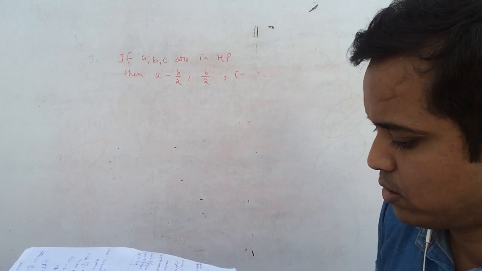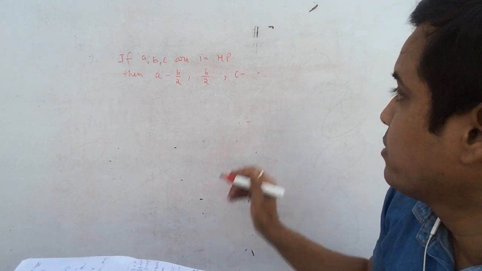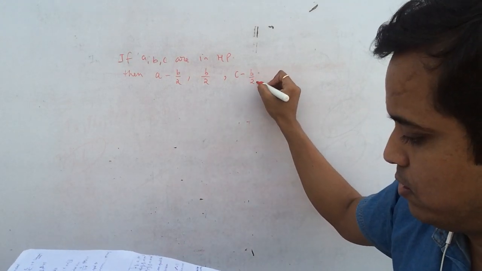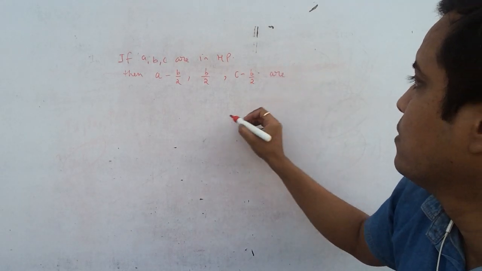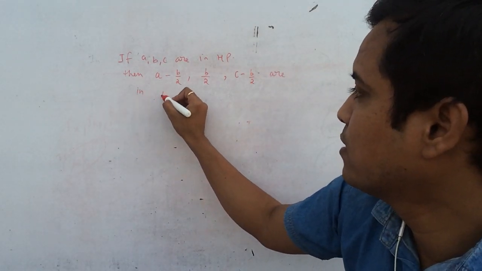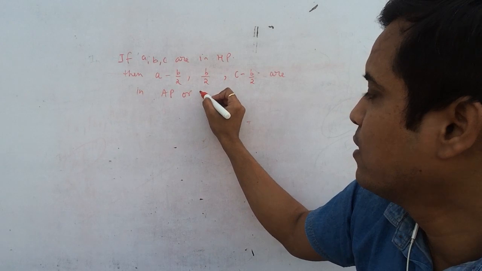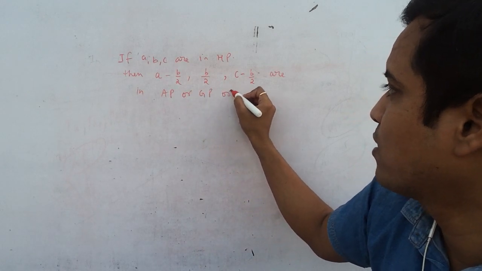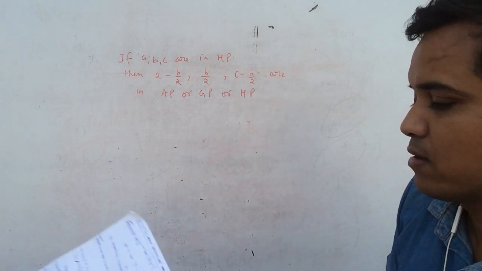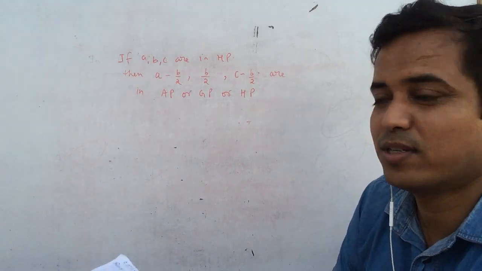Yes, it is C minus B by 2. Are in, you have to check AP or GP or HP. So this is the question.